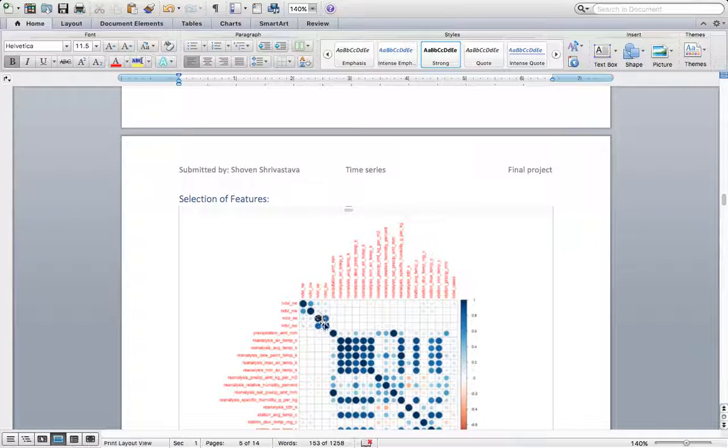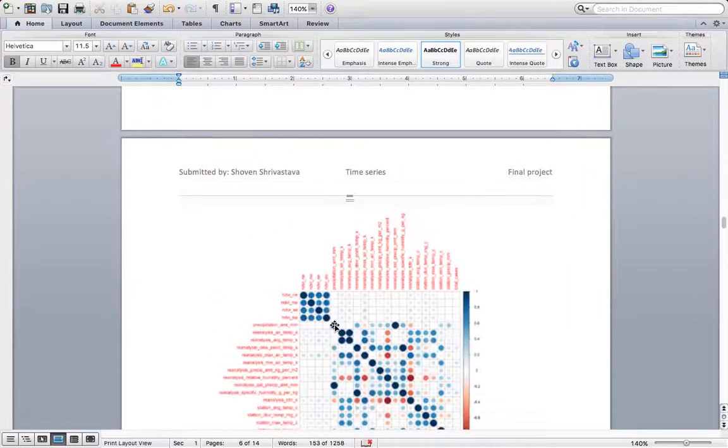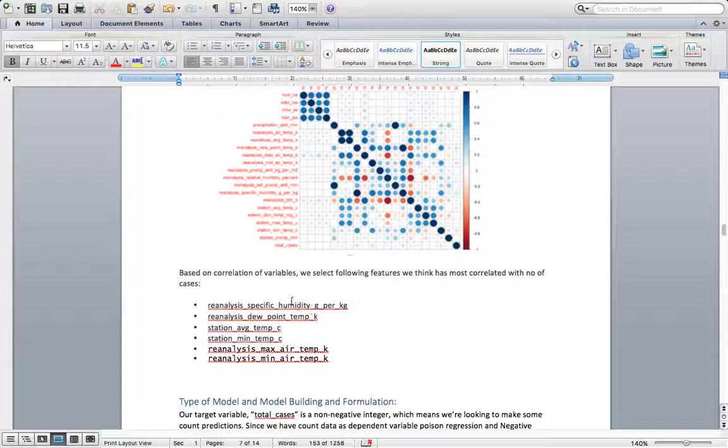When I looked at how they are correlated with the total number of cases, I came up with these 7 variables which I think are highly correlated with the total number of cases. These are reanalysis specific humidity, dew point, average temperature, minimum temperature, the reanalysis max air temperature and the min air temperature. So we'll start building our model based on these 7 variables, or 6 variables.